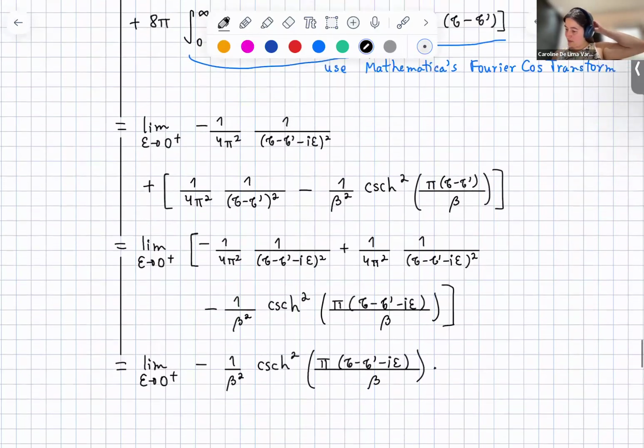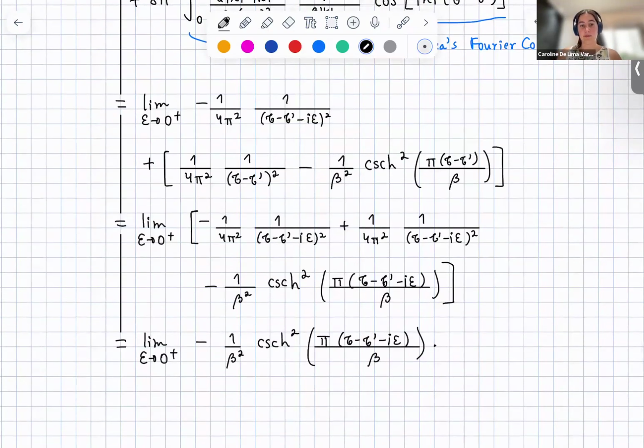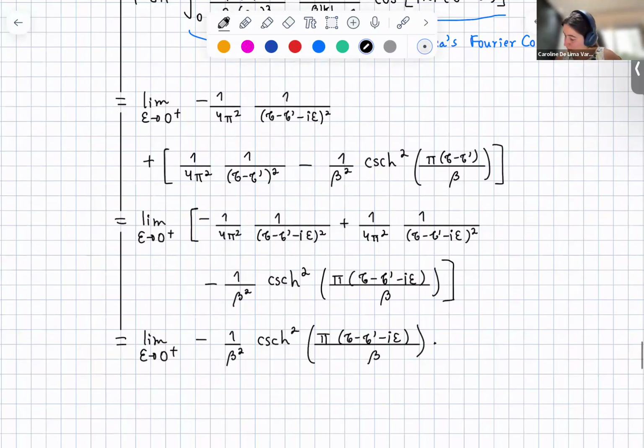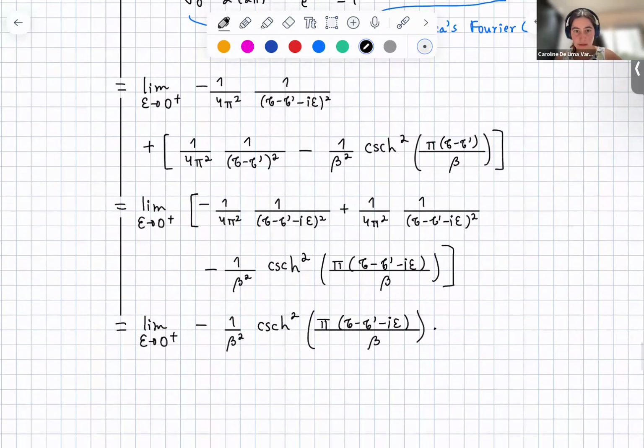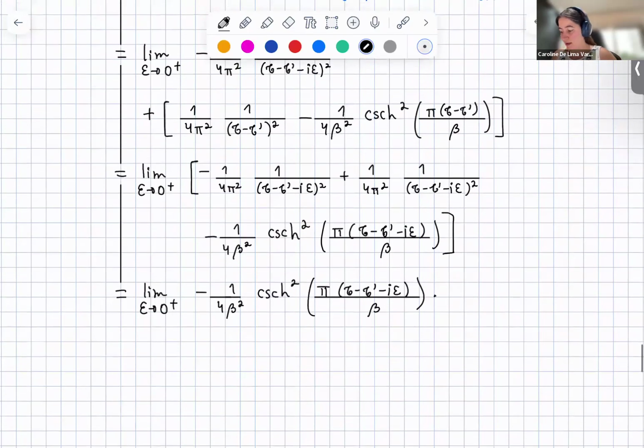I think I got confused because I forgot the prefactor coming from the Mathematica Fourier cosine transform. Sorry. But then that should be correct. Let me see my notes. Oh, there's a 4. Sorry, guys. Okay, there's a 4 here. So there should be some 4 beta squared here. Yeah, now it should be right. Okay, so this is the final expression.